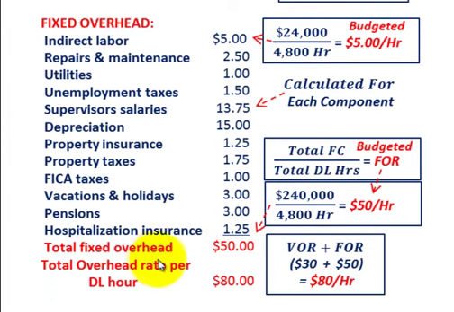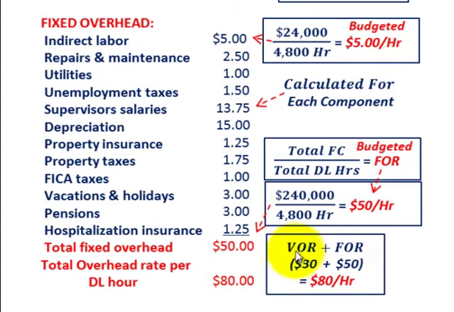So our total overhead rate per direct labor hour is the variable overhead rate of $30 per hour plus the fixed overhead rate of $50 per hour, for a total of $80 per hour. That's what you would be applying based on your budgeted amounts.